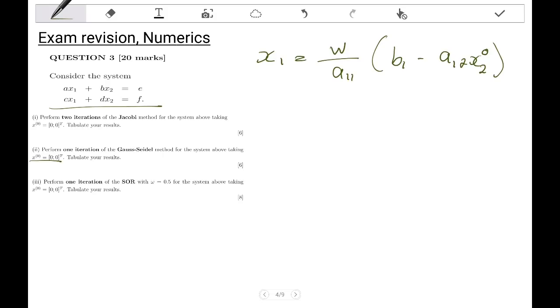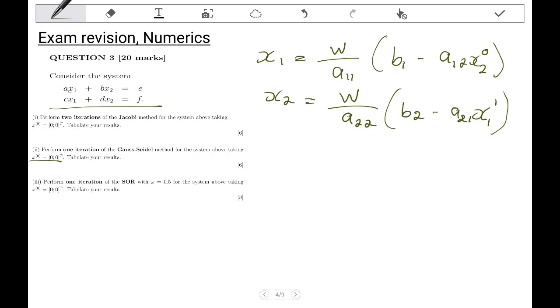And then x2 is equal to W over a22 open bracket b2 minus a21 multiplied by x1 of 1, the recent one. So this is like using the Gauss-Seidel method, but multiplying each and every term by W.